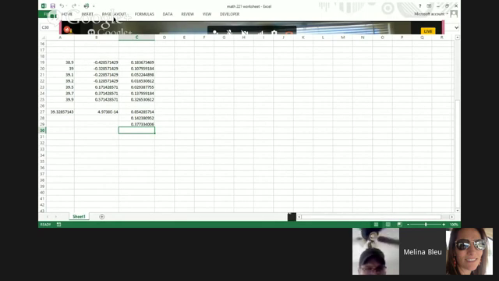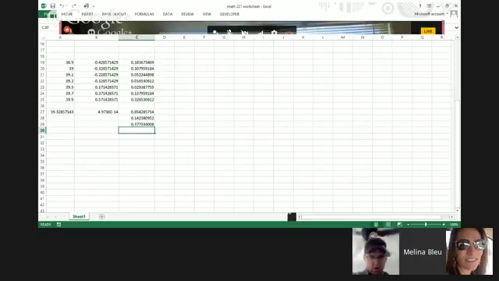To organize them from smallest to largest, you highlight them, go to Data, then Sort, and choose smallest to largest.